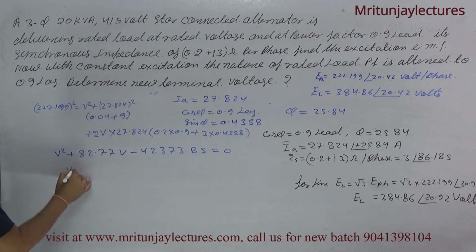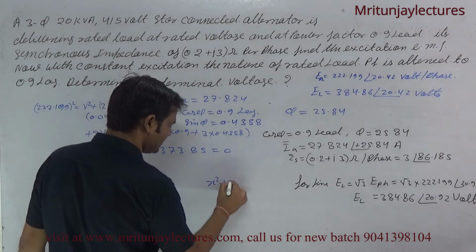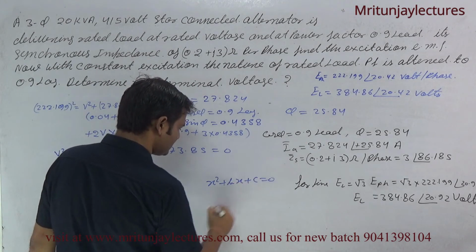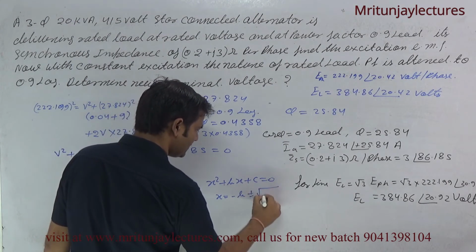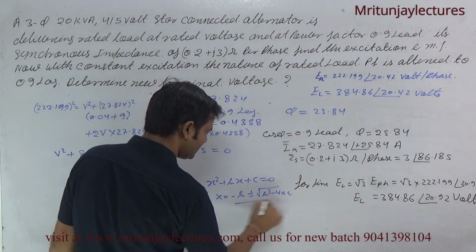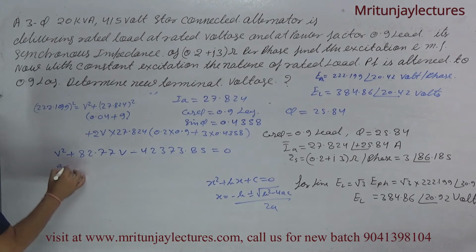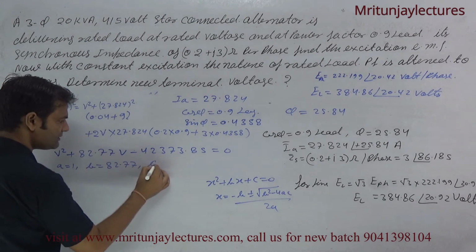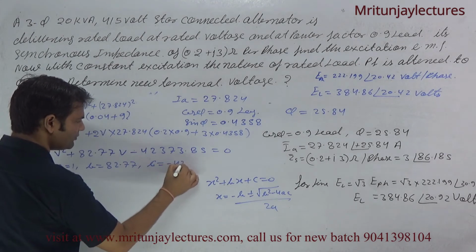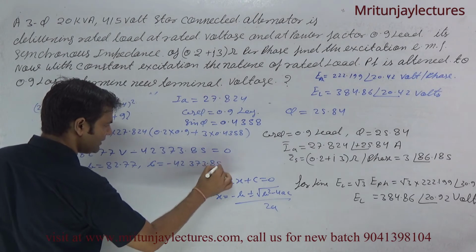With the help of the quadratic formula, ax square plus bx plus c equal to 0, x is equal to minus b plus minus under root b square minus 4ac, divided by 2a. Here a is equal to 1, b is equal to 82.77 and c is equal to minus 42373.85.